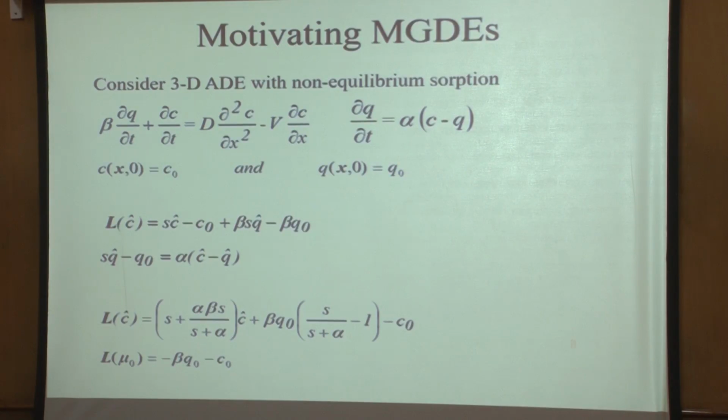So it's an operator notation. L times c in one dimension would imply D times d square c dx square minus v times dc dx. If it's three dimensional, you would have the corresponding y and z terms also.